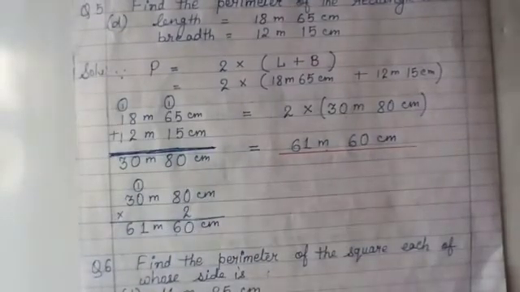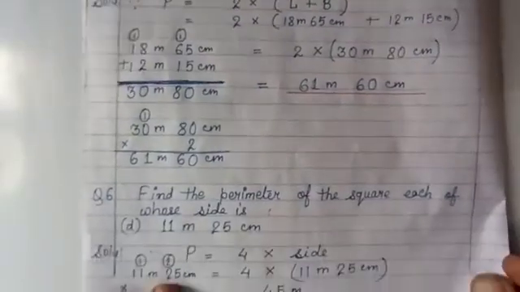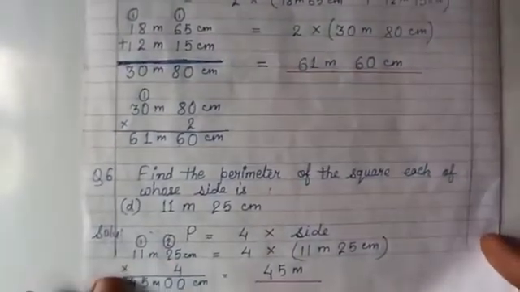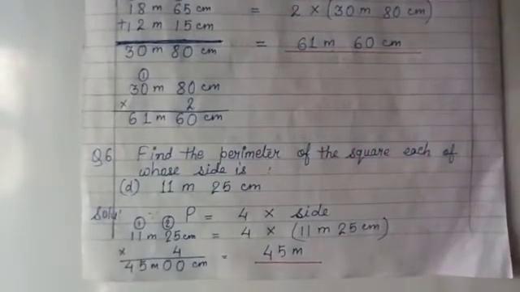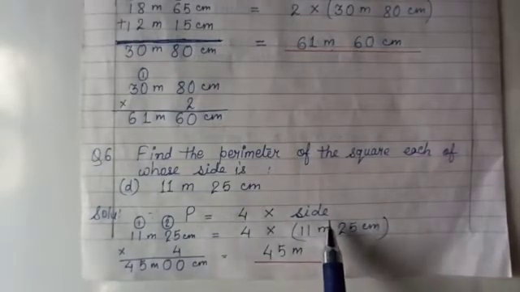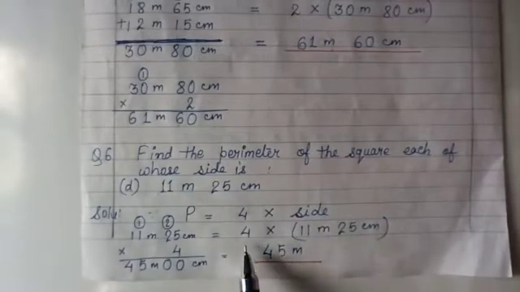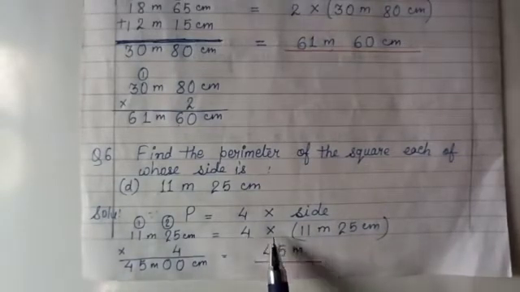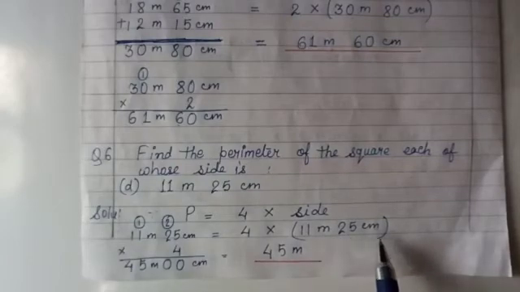Now look at question number 6. Find the perimeter of the square, each side 11 meter 25 centimeter. Already we have discussed that a square has 4 equal sides and perimeter of a square means 4 into side. Therefore we have to find out 4 into side, which is given 11 meter and 25 centimeter.